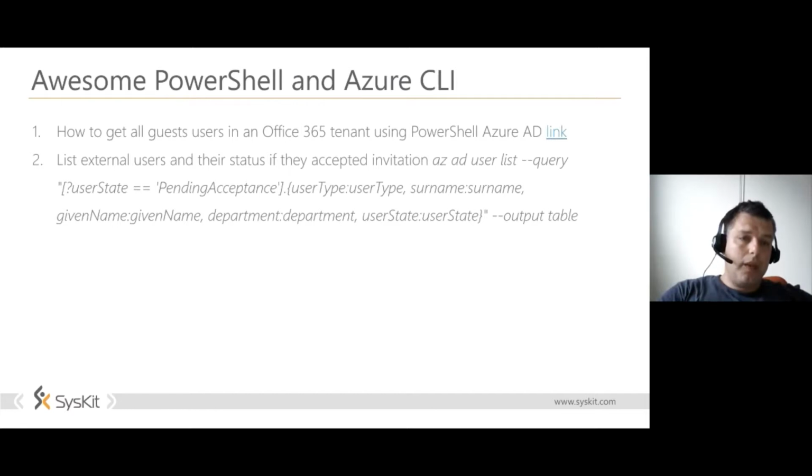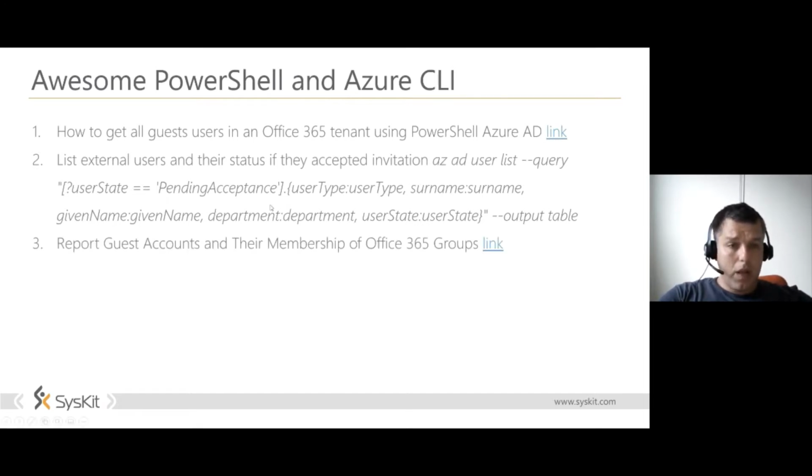If you want, for example, to list external users and their status, if they accepted the invitation. So sometimes it's important to get a report with the external users that only accepted the invitation, and this is the Azure CLI that will basically report only those users.